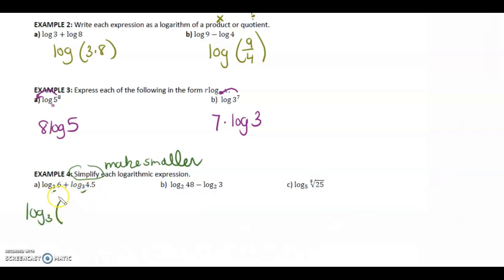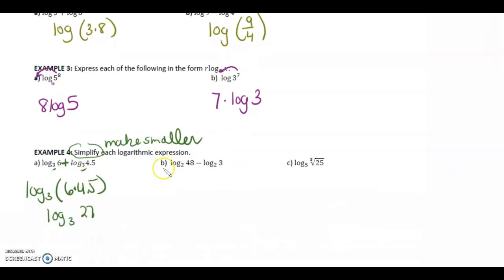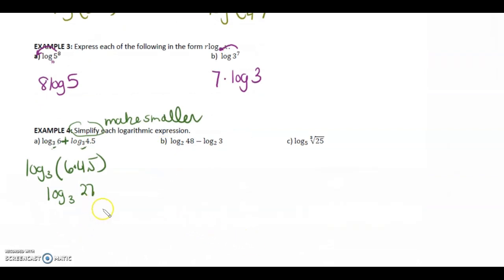Since we have the addition, we know that we have to multiply 6 times 4.5. Okay, but if you think about it, we want this simplified, so let's keep going. Log base 3 of 27. Well, you got to think.